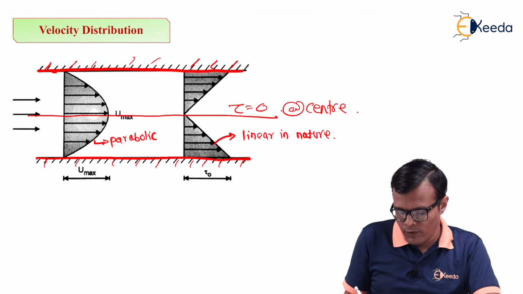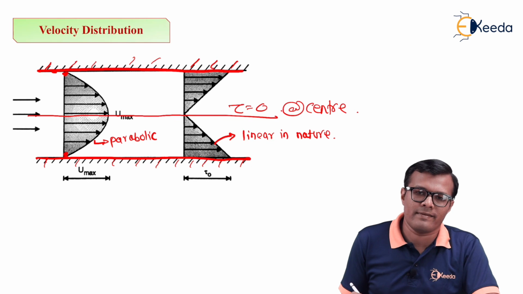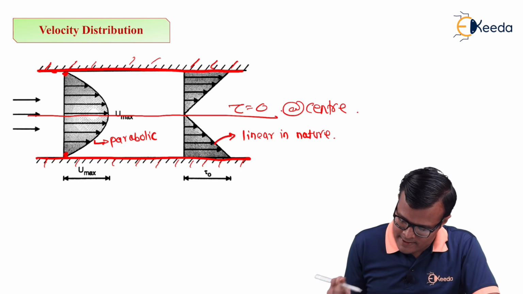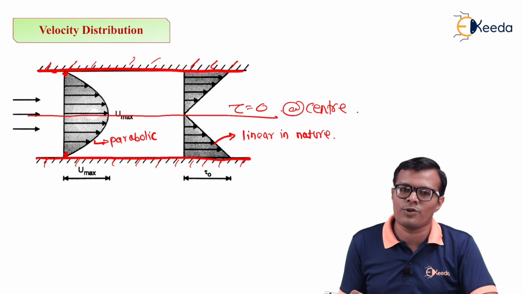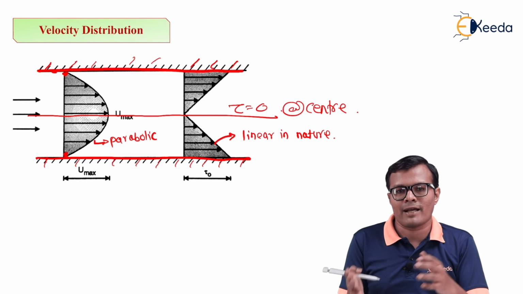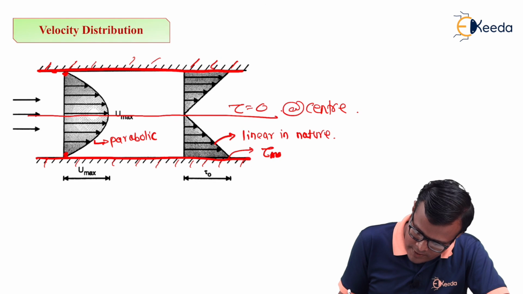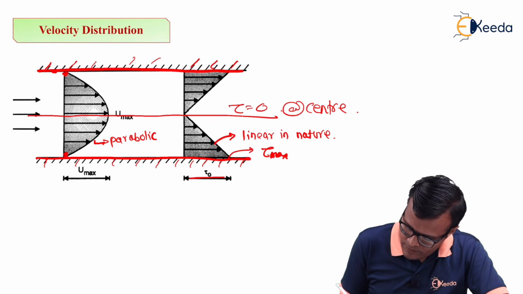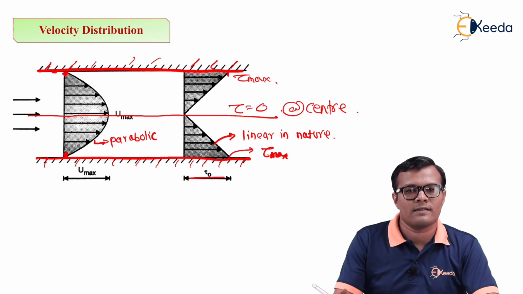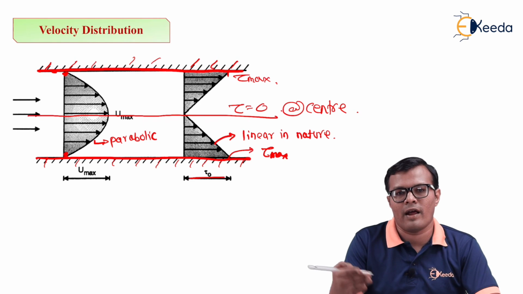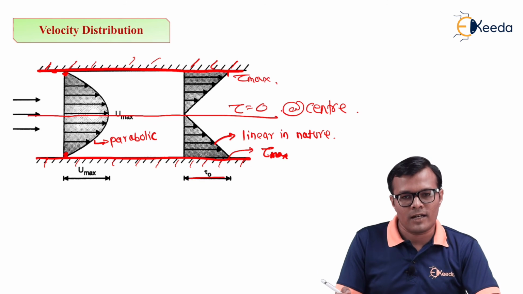We will have 0 value of velocity at edges, at boundaries, because no slip condition exists there. And as velocity is 0, it means that it is 0 due to maximum resistance, that is maximum shear stresses. So these are the points of tau max. So at edges the tau max value will be obtained, and at edges velocity will be 0 and it will be maximum at center. That's all. Thank you.